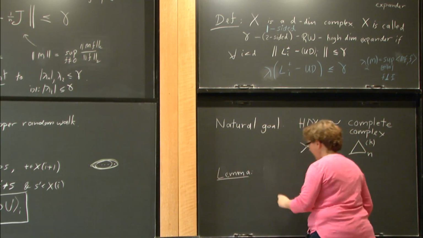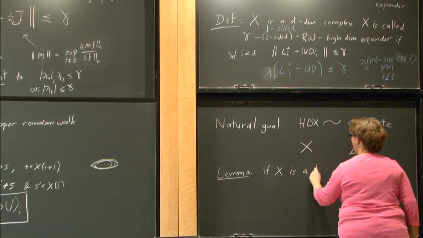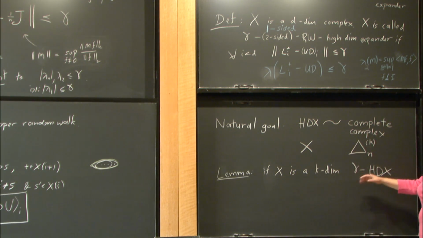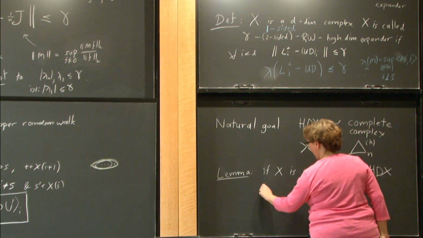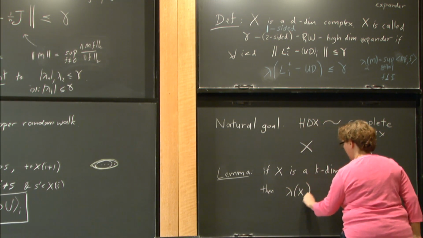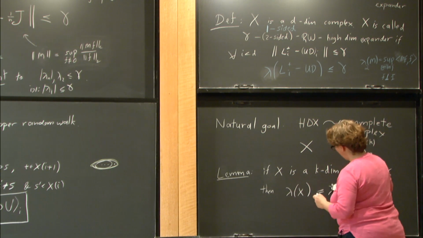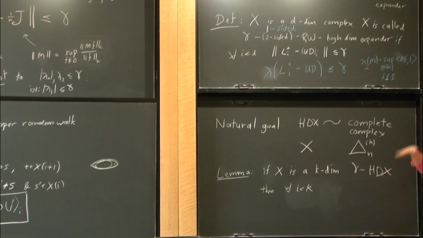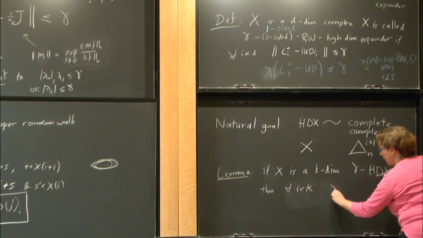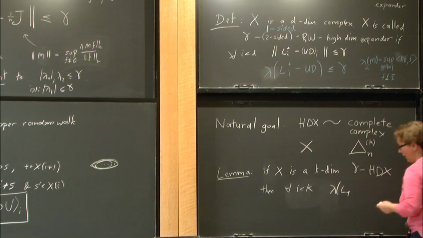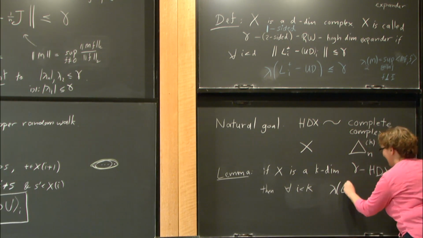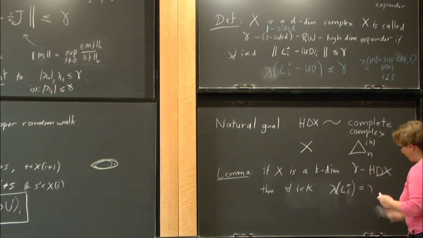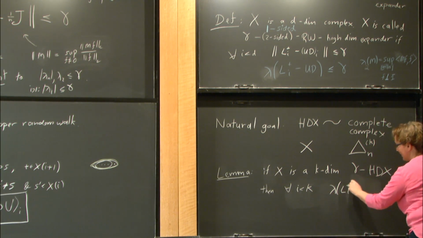If X is a k-dimensional gamma-HDX, and here I'm not writing one-sided or two-sided, this is actually true for both, then for every i less than k, I'm going to think of all these random walks on all the levels, and I'm going to look at lambda of L plus i, lambda of X.